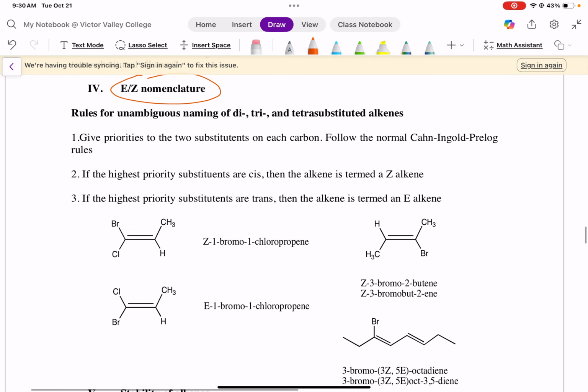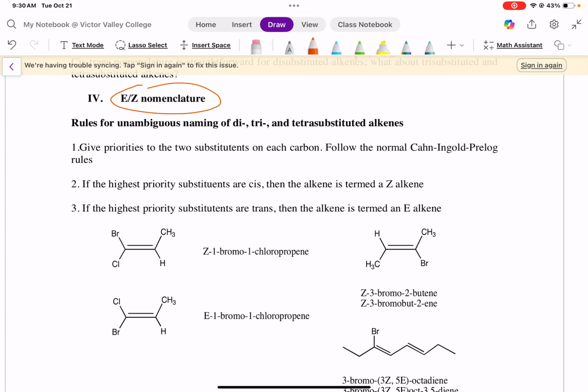Now, if we have a double bond with especially hydrogens, it's easy to recognize by looking at either the two hydrogens or the two methyl. If they're on the same side, we call this a cis. Okay? If they're opposite, we call it a trans. So that's the original cis-trans idea.